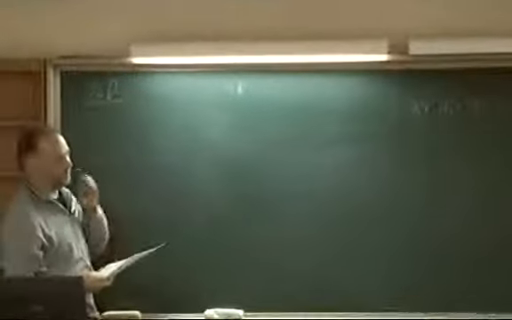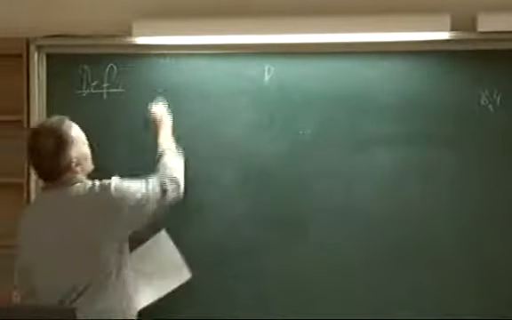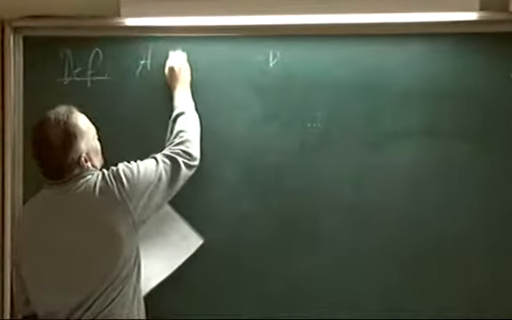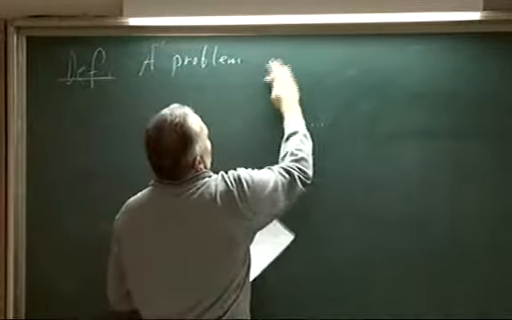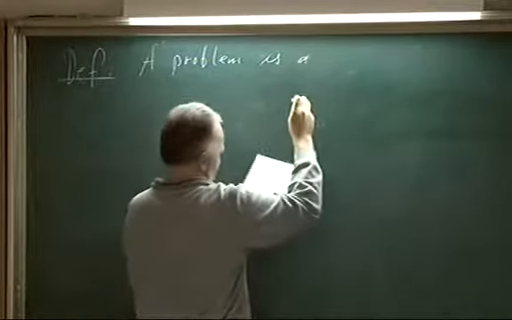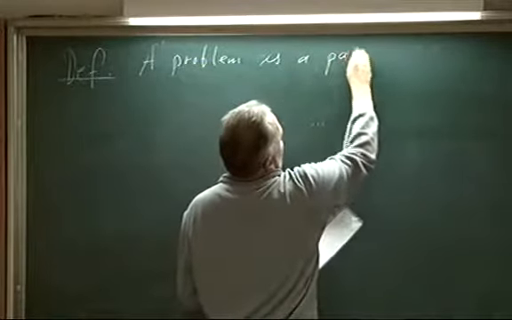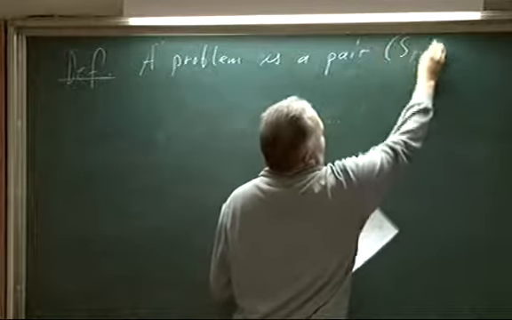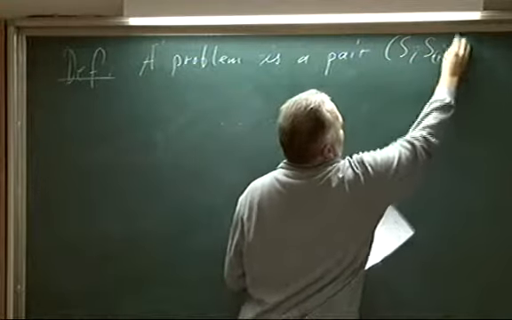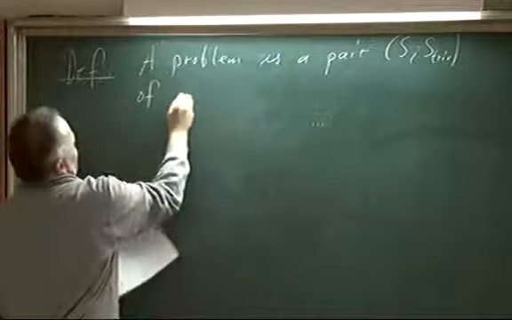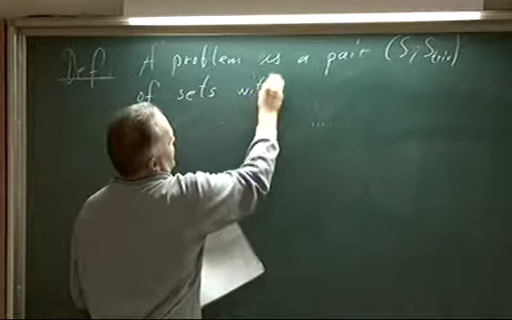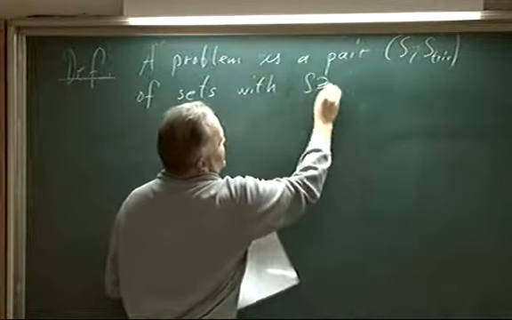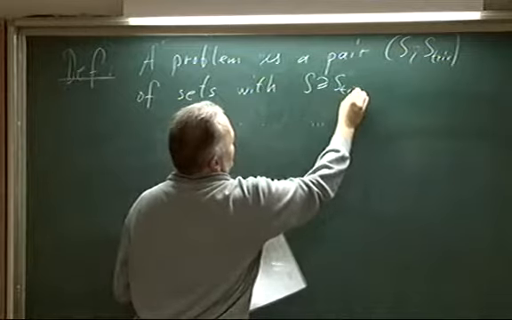If I say you can prove any problem, solve any problem in this way, what's a problem? So a problem is a pair of sets, S trivial and S, with S containing S trivial.